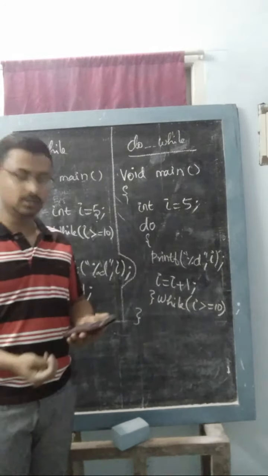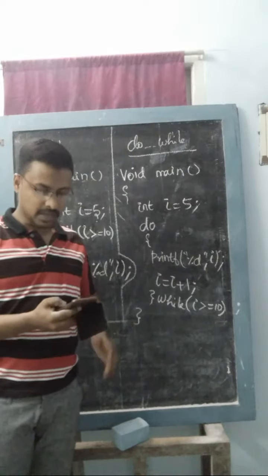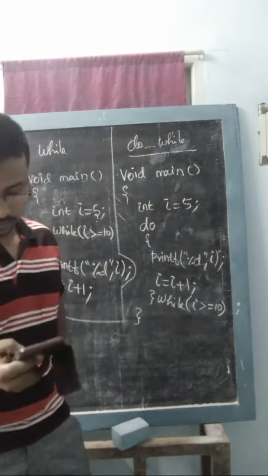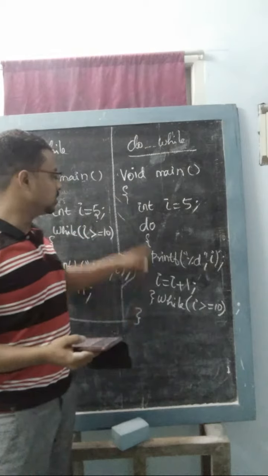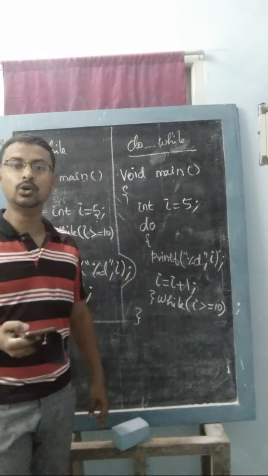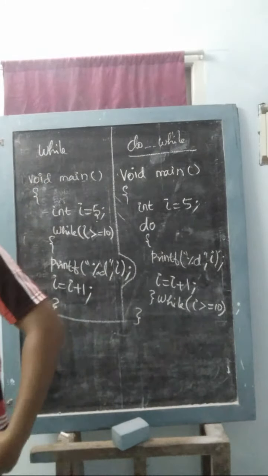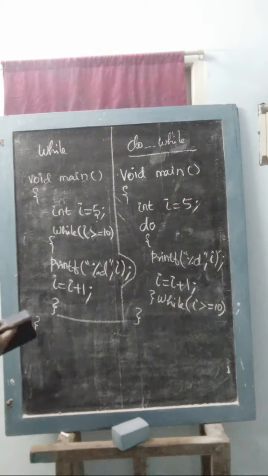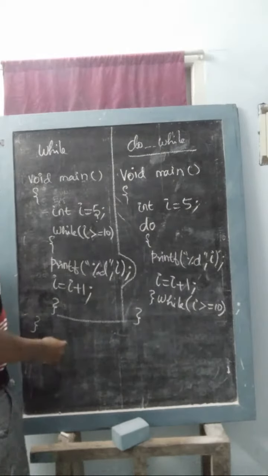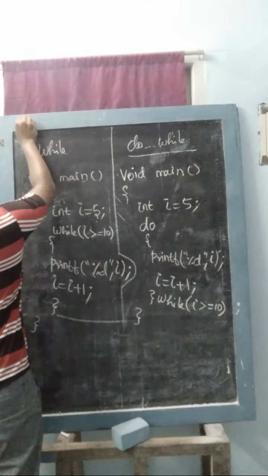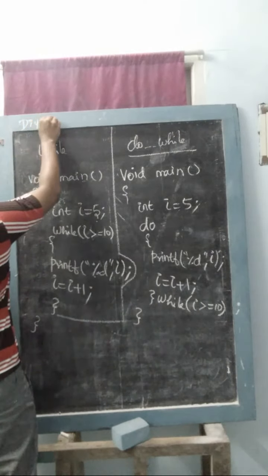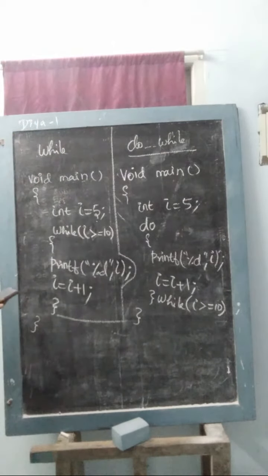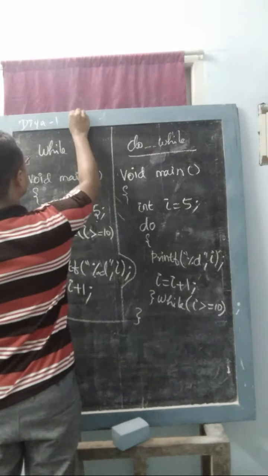The second question. I'm asking reply from yours through comments. How many times the do while loop it will execute? Diya, one time. Okay. Diya, one time. Magesh Prabhu, one time.